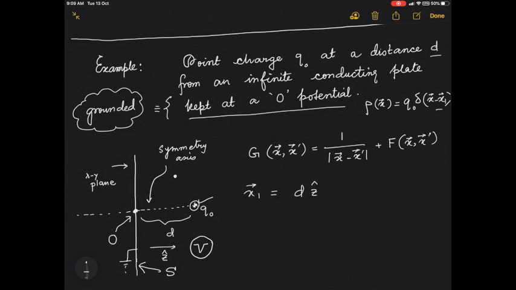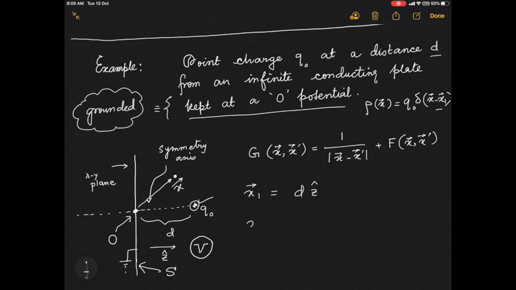And my surface is the grounded conducting sphere, sorry, grounded plane, because beyond that I don't have anything that I can measure, but at the plane I am given the potential, which is 0.